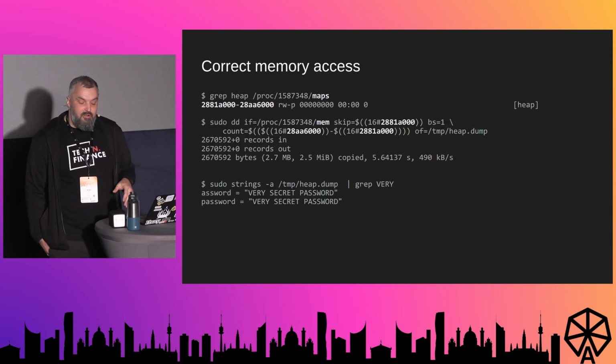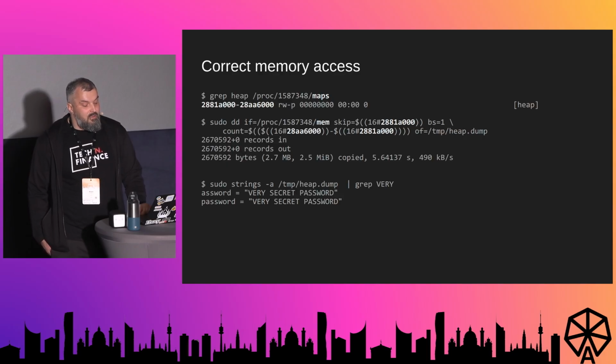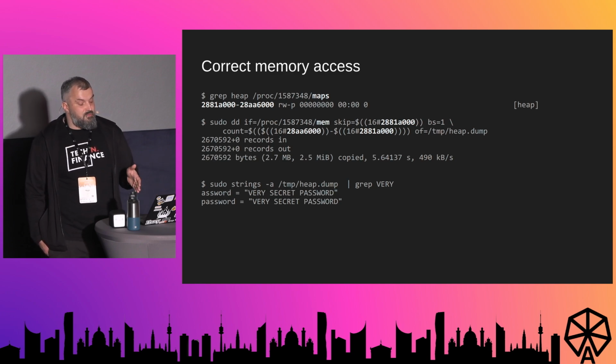okay, a bit of background. Probably the most interesting things will be stored in the heap memory. So here, I look in the maps file for the heap memory. I get the starting address, I get the end address, and then I can use some tools like dd. I specify to take input from this memory file and skip to the specific address.